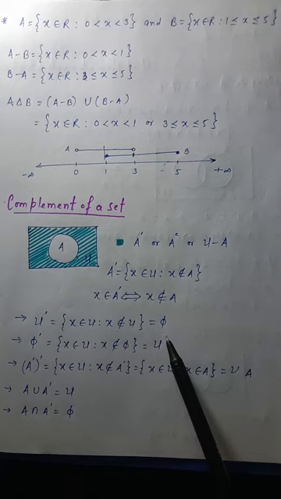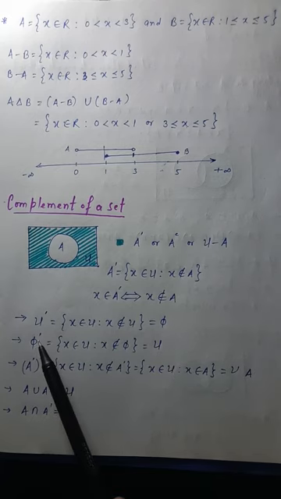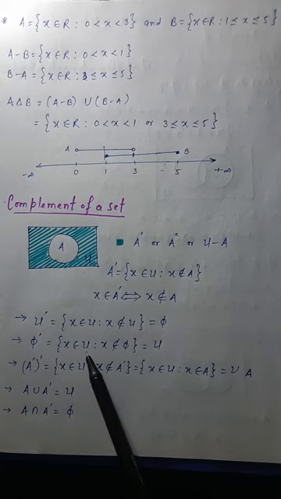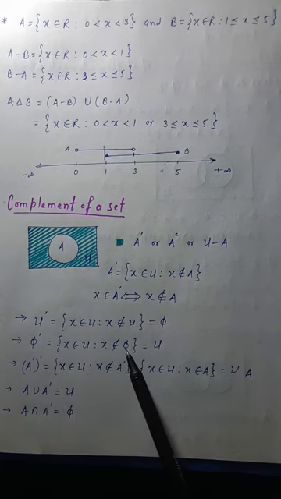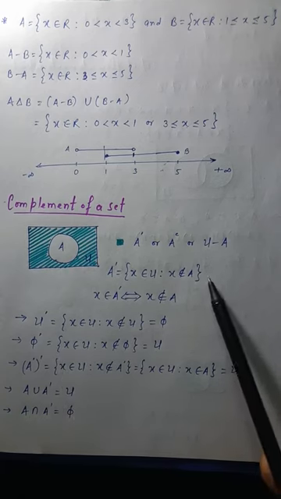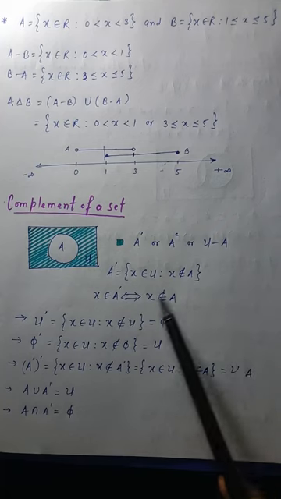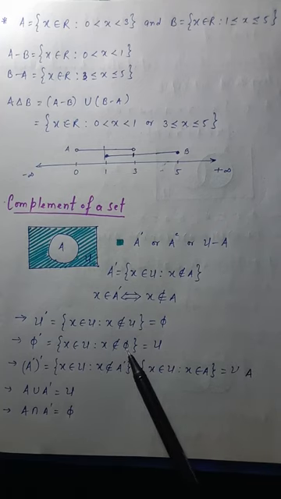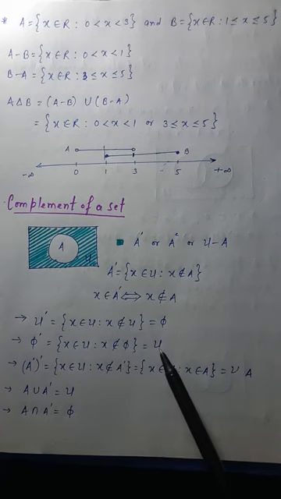So you must remember, U dash is always phi. Similarly, phi dash means x belongs to U but x does not belong to phi. From this definition you can write everything. So when x does not belong to phi, it means x is present in U.